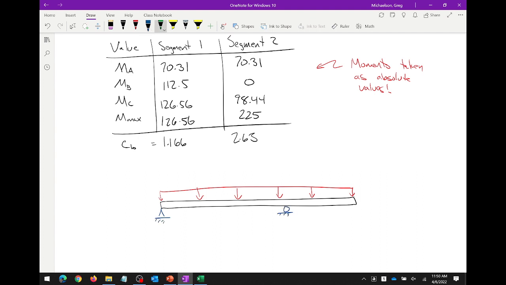And then we were given braces here, braces here, braces here, and braces here. So the way I might report that is I might say CB is 1.17, CB is 2.63, CB is 2.33. And that's it. That's the answer.